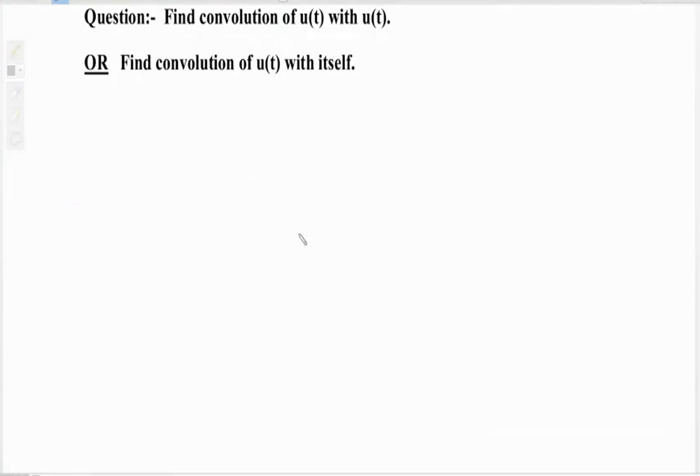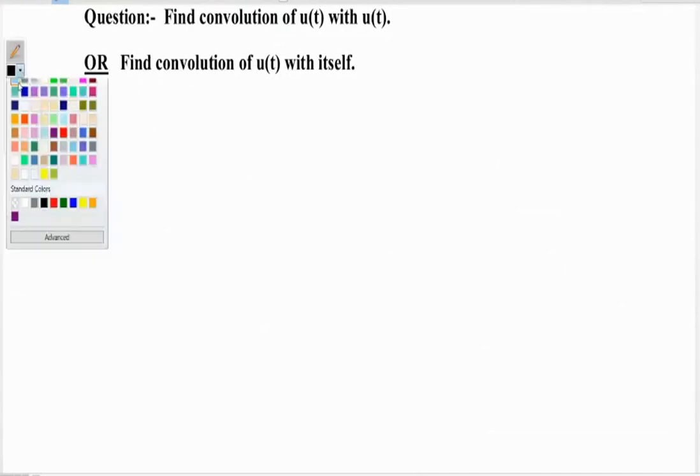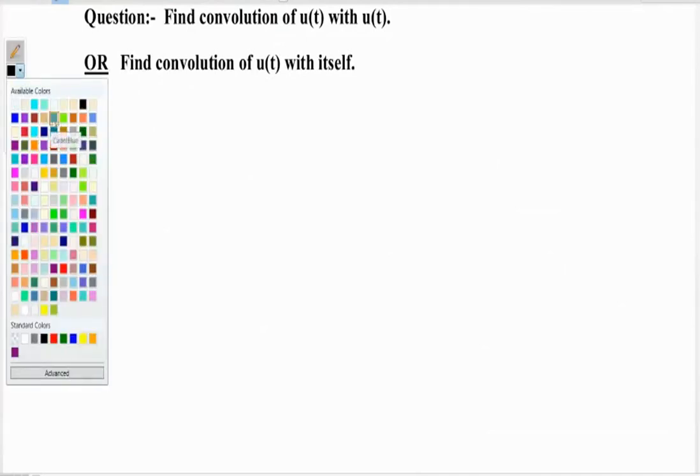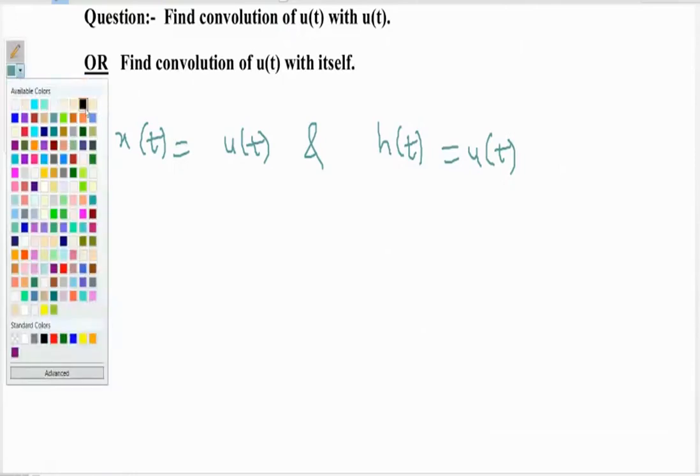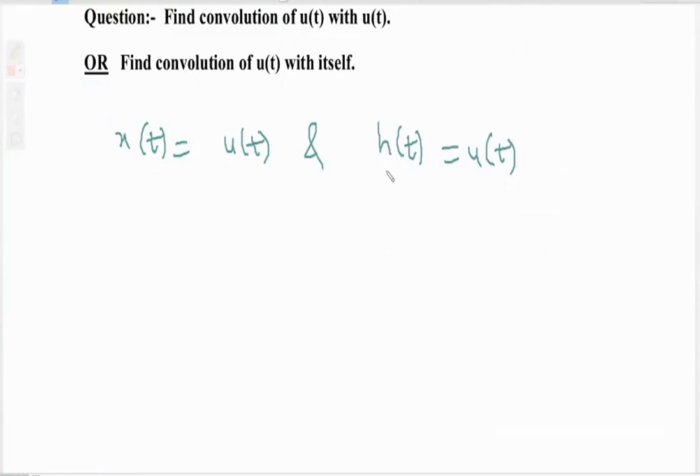Let x of t equal to u of t and h of t equal to u of t. In the formula we require x of tau and h of t minus tau.